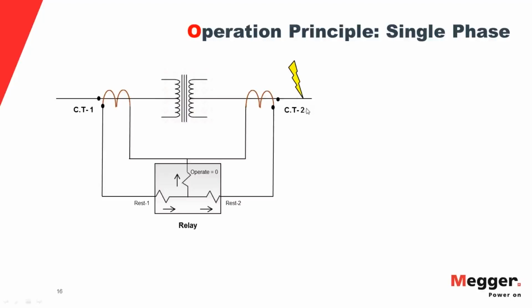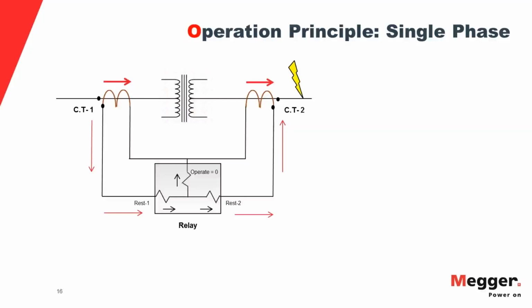Now, if I assume ideal conditions, I would see no current flowing through my operate winding. But that's not the case. As I said, there would be two CTs which are different. We would always face problems with the CTs. So ideally, no current in the operating coil for external faults.